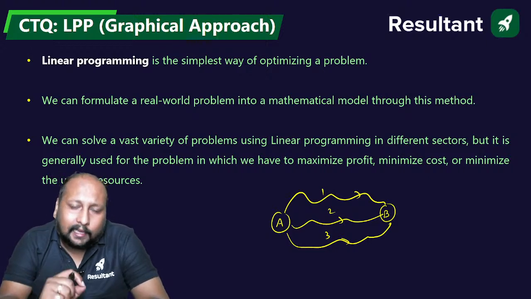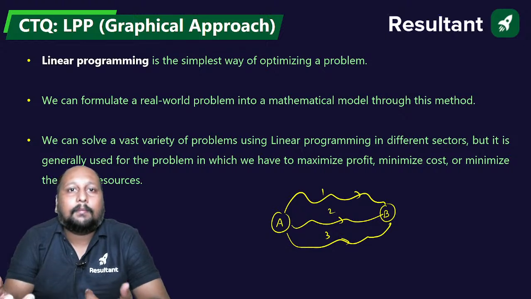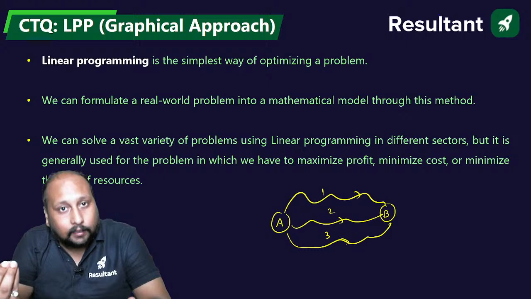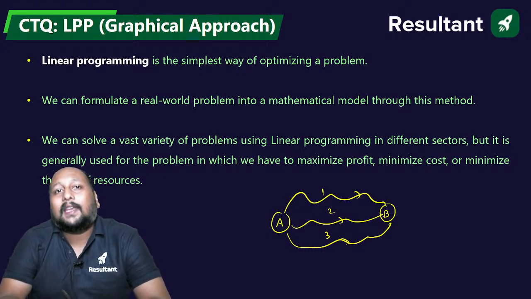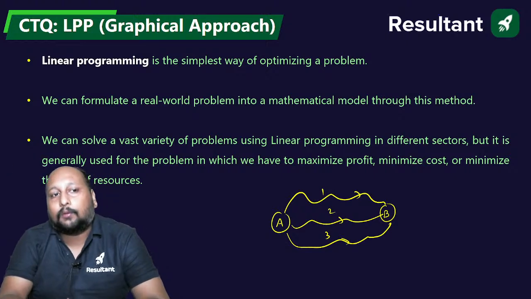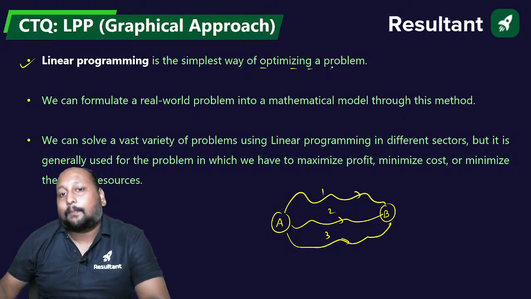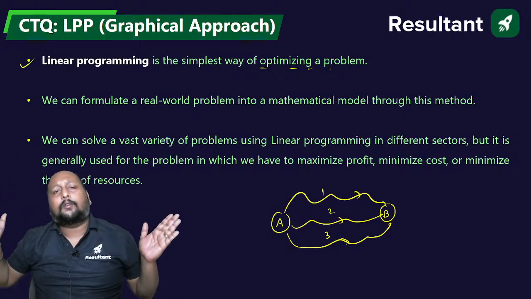So in every pathway, we are experiencing different variables, different solutions. Among all the solutions present, how can we identify the best possible solution? That is what we call linear programming. It is the simplest way of optimizing a problem where we have a range of solutions.